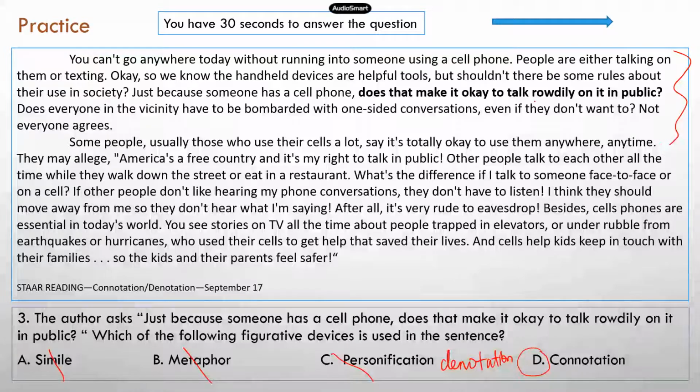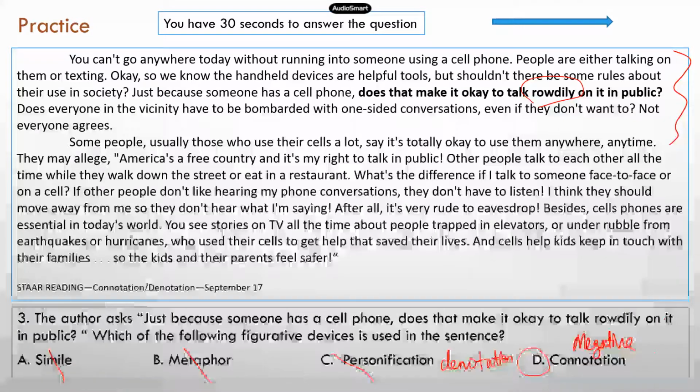So in this sentence, loudly means very noisy, very disorderly, just generally a negative connotation associated with this particular word. The correct answer is the connotation, and it's a negative connotation.